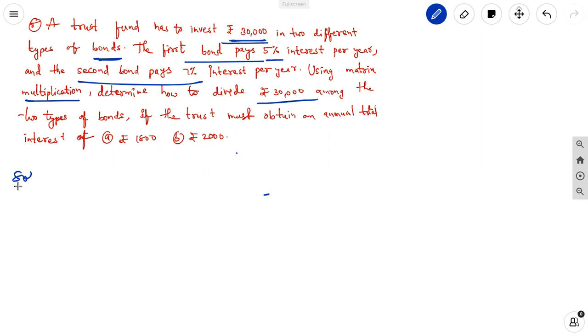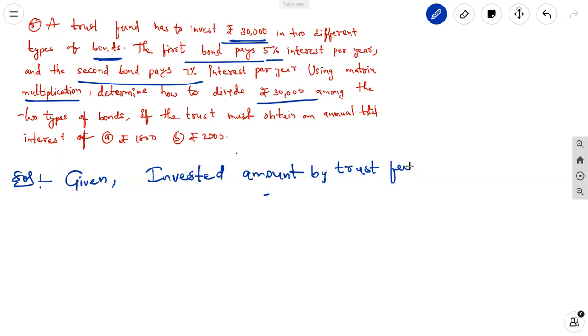First we take the total amount they are investing and how much interest they are getting. Given: invested amount by the trust fund equals 30,000 rupees in two types.